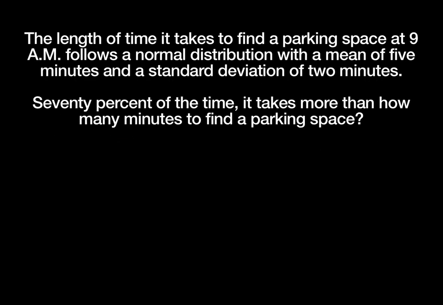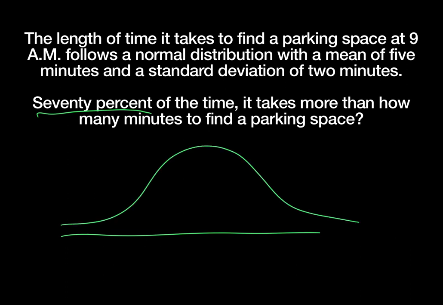A little bit more work if I have to find this one. I want to do this one. 70% of the time, it takes more than how many minutes to find a parking space? The mean is 5, it says. Standard deviation is 2. 2, 4, 6.